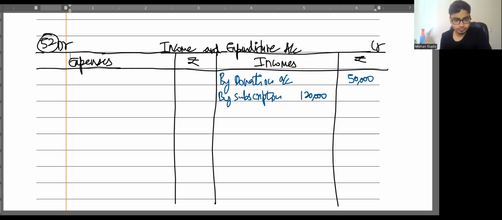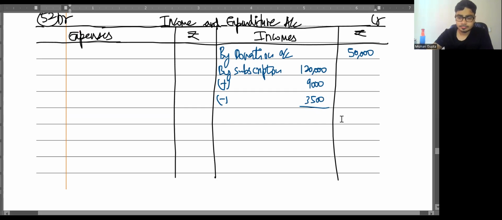So by subscriptions, which is 1,20,000 plus outstanding minus advance, which is 9,000 and 3,500, so it will be 1,25,500. Hopefully I'm right. Yes.